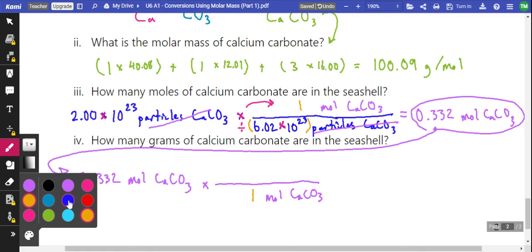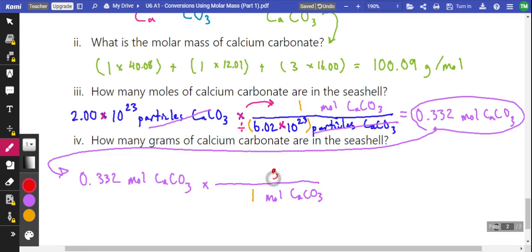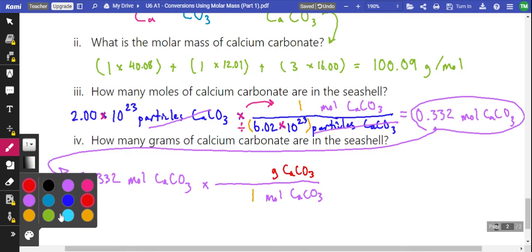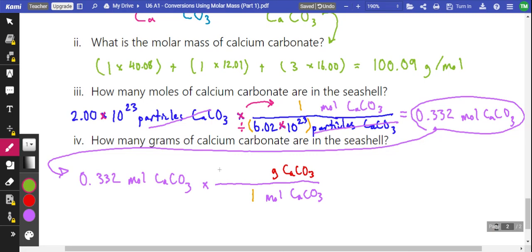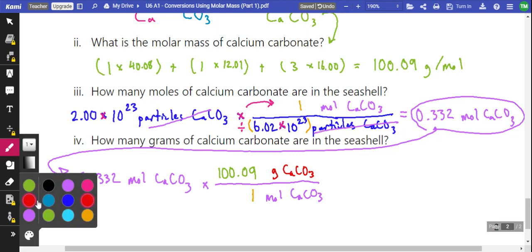Okay. I'm trying to figure out grams of calcium carbonate. So grams of CaCO3 is going on the top. Okay. So how many grams of CaCO3 are in 1 mole of CaCO3? Well, hey, that's what my molar mass is for up here. There are 100.09 grams of CaCO3 in 1 mole of CaCO3. Okay, so 100.09 grams of CaCO3 is going on top.